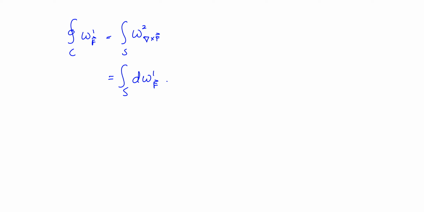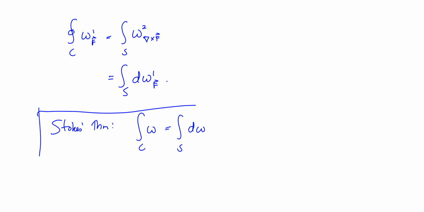So once again, we can rewrite Stokes' theorem, and this looks exactly like Green's theorem now. Integral over C of omega is the same thing as the integral over S of d omega. So this is Stokes' theorem in terms of forms.